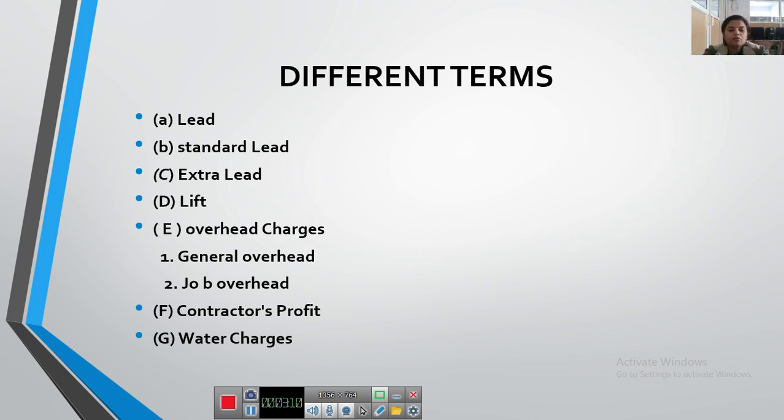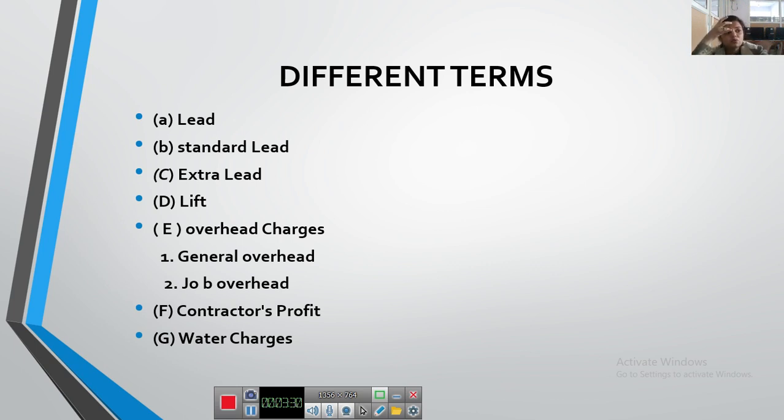Now another concept is lift charges. We have heard many times about lift charges and lead charges. Lead is the horizontal transportation and lift is the vertical transportation.